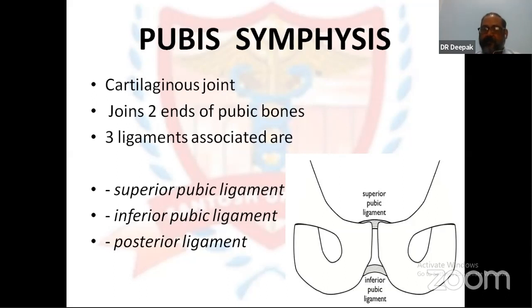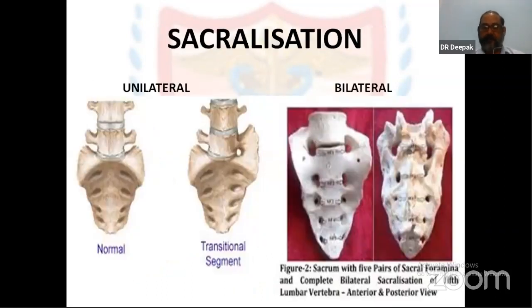It is held in its place with the help of three ligaments. You can see in the picture on the right side, on the upper side the superior pubic ligament, on the inferior side the inferior pubic ligament, and on the posterior side the posterior ligament is present.